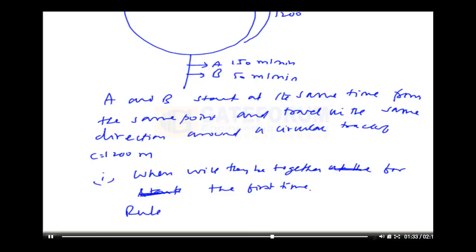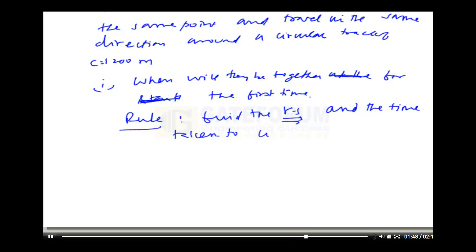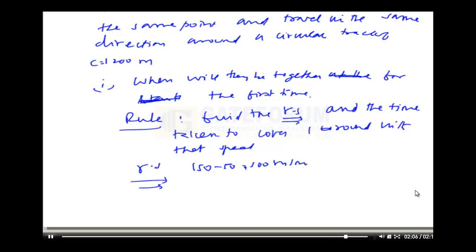The rule says, find the relative speed in the same direction and the time taken, cover one round with that speed. Relative speed in the same direction is 150 minus 50 is 100 meters per minute. So time is distance by speed. 1200 by 100, 12 minutes is the answer.